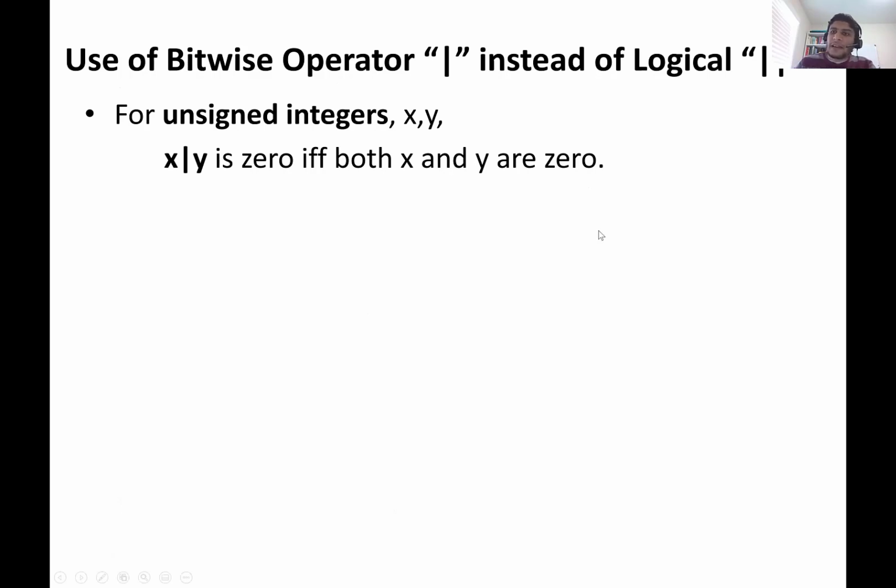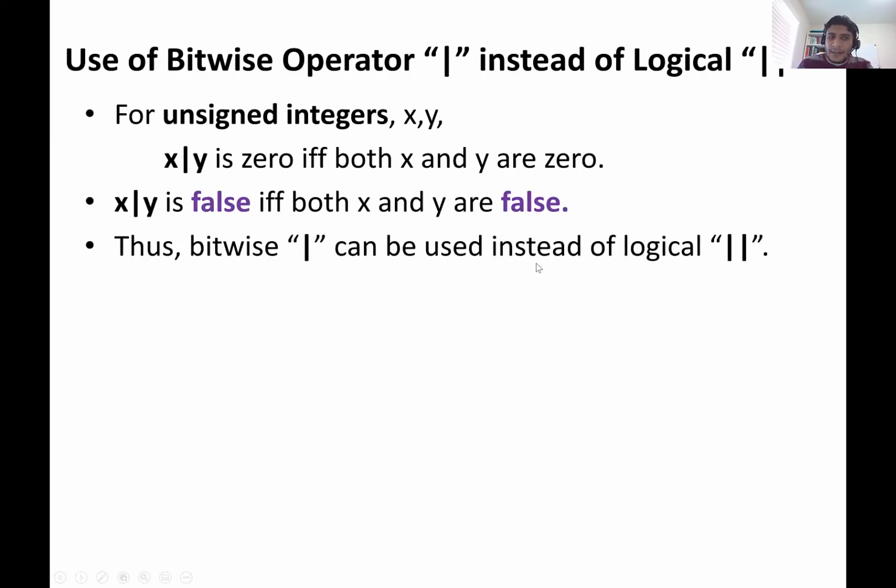So again, elaborating a little more on the comparison between the bitwise and the logical operators. Let's take the bitwise OR compared to the logical OR. X or Y is giving you 0 if both X and Y are zeros, and it's false if both are false. The point here is, if you are looking for a false or true output, for example inside an if condition, it's safe to use the bitwise operator instead of the logical one, right?